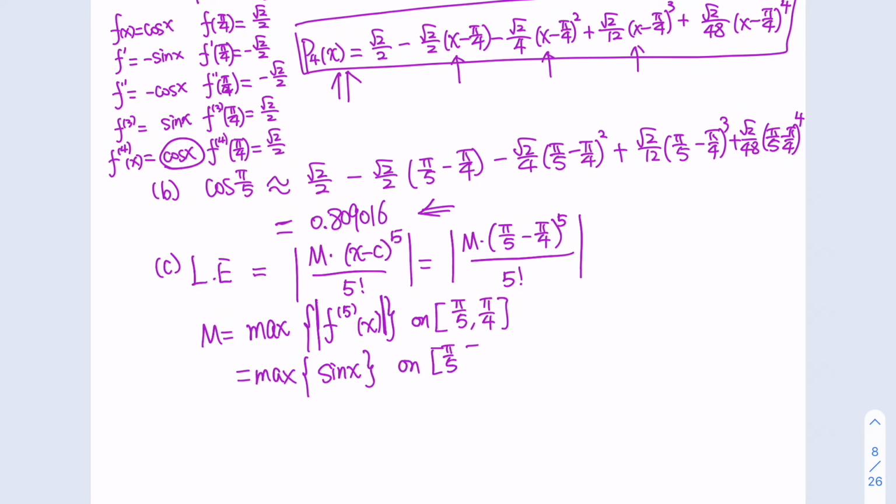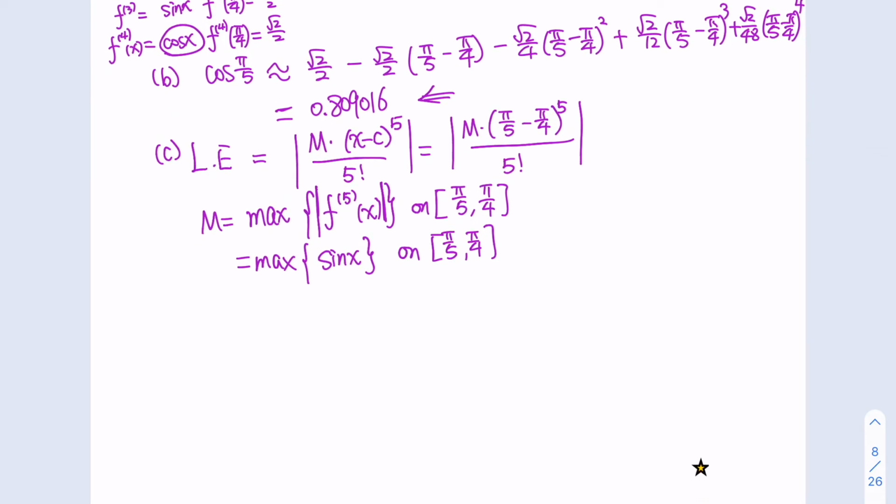So what's the maximum value on pi over 5 to pi over 4? You can use the derivative or you can look at the graph. Sine from 0 to pi over 2 is increasing, so the maximum value will give us sine of pi over 4, which is square root of 2 over 2. So this is the M value.